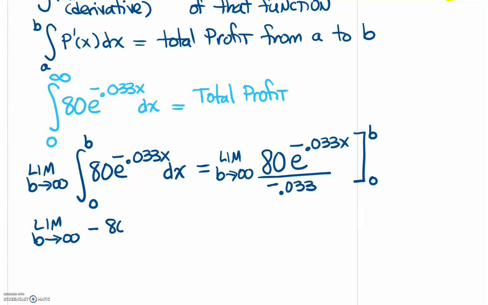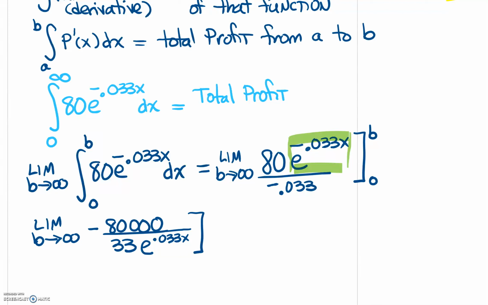So I'm going to change it to this, 80,000 over 33. Now that e with this negative exponent, I'm going to put on the bottom of my fraction. With a negative exponent, I can put it down on the bottom, and that way I can make the exponent a positive exponent. So there we go. And then we're going to evaluate from 0 to b.